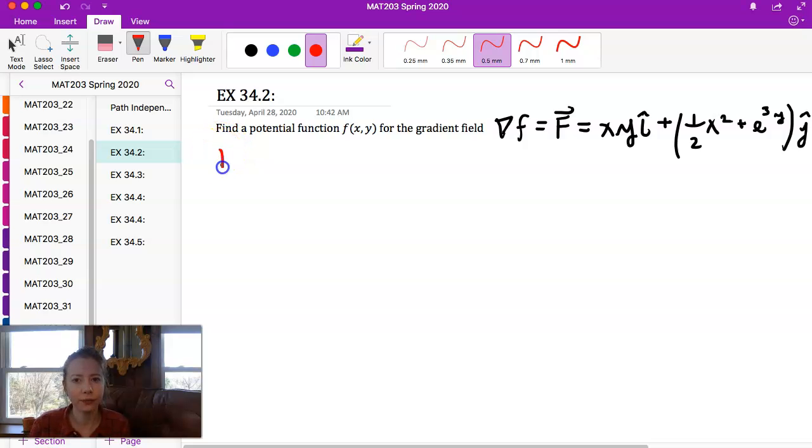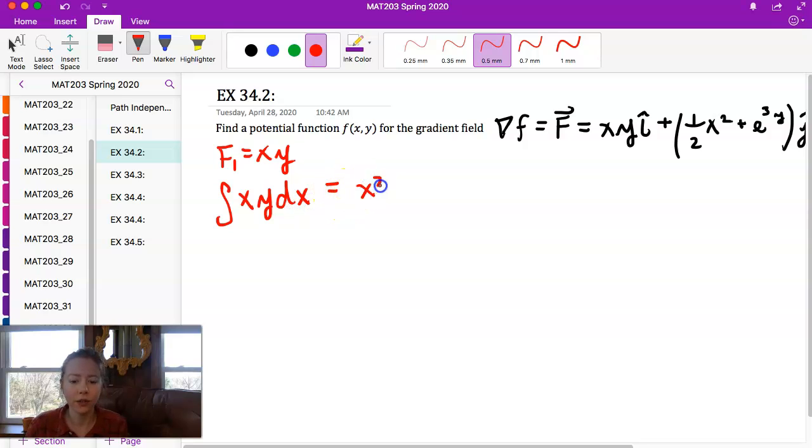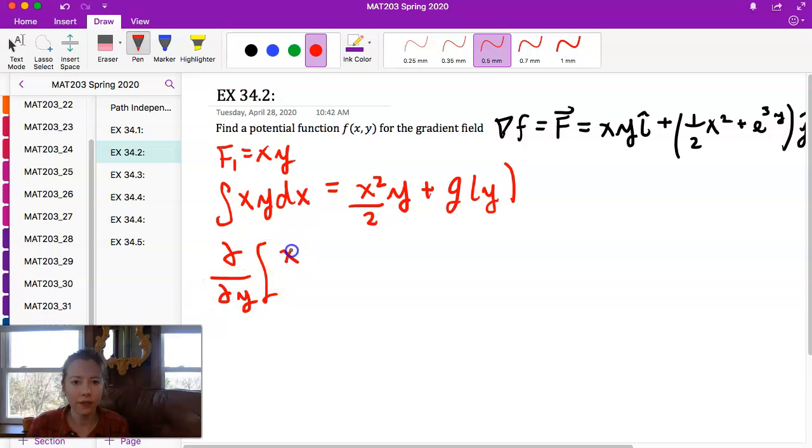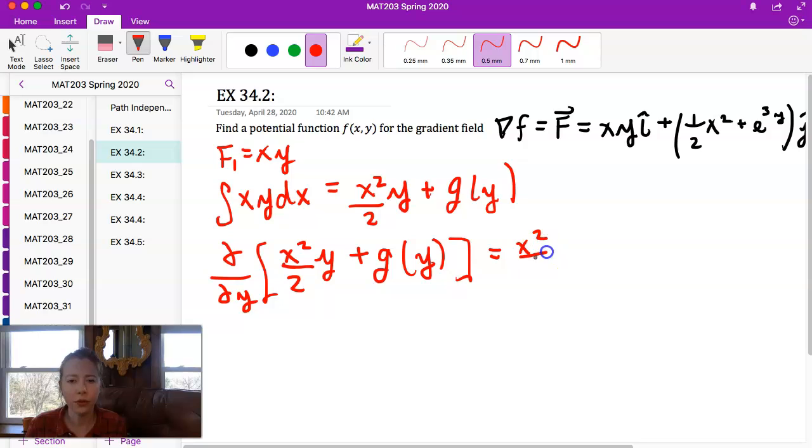So f sub 1 is going to be x y. The integral of f sub 1 dx is going to be x squared over 2 times y plus some g of y, and then del over del y of x squared over 2 times y plus g of y is going to give us x squared over 2 plus g prime of y.